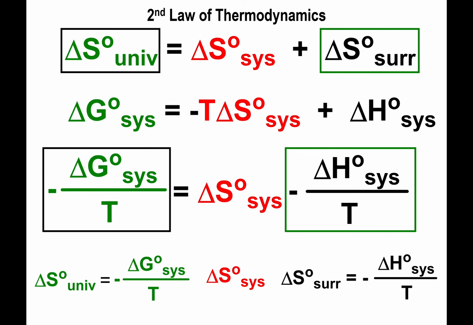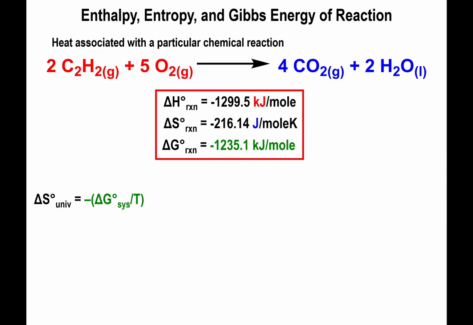The second law, delta S universe equals delta S system plus delta S surroundings, is the same thing as delta G equals delta H minus T delta S. You can see here, just by dividing everything by negative T, we have the same format. So the Gibbs free energy is nothing more than a corollary of the second law of thermodynamics, and as such, it tells us about spontaneity altogether.